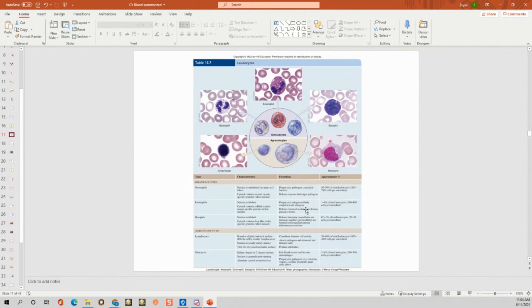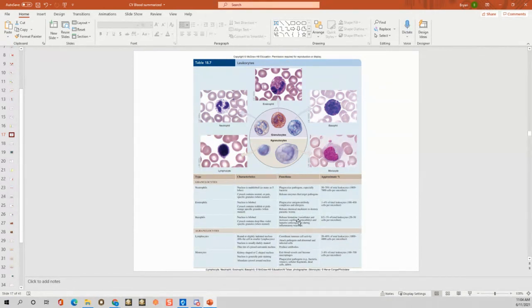Eosinophils are all about parasites, parasitic worms and stuff, and then allergies. So what if somebody comes in and their eosinophil count is 6%, 7%? You know they're either having an allergic reaction or they're fighting a parasitic infection, a parasitic infestation.